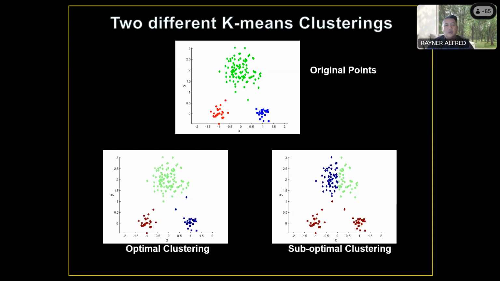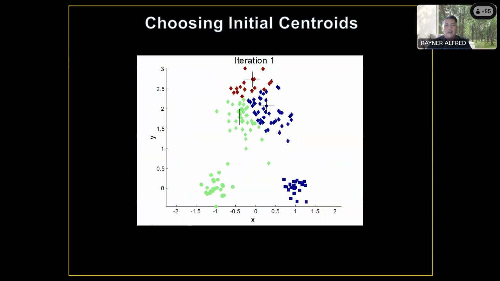Okay, so let me illustrate the process of clustering here. For example, we have this data, right? So the 3 centroids selected are these. So what happens is, for each member in your data, it will be assigned to the closest centroid.